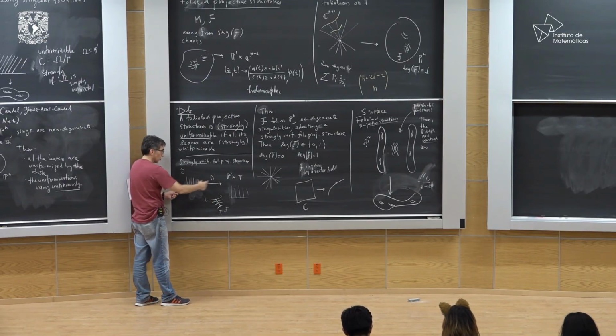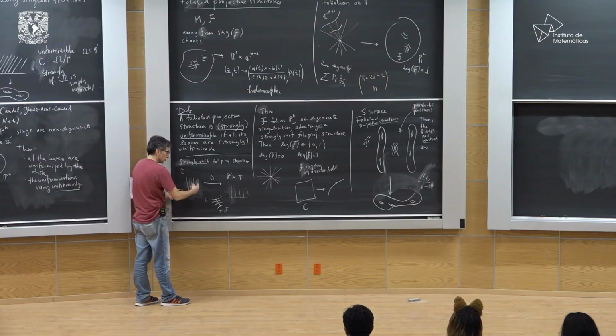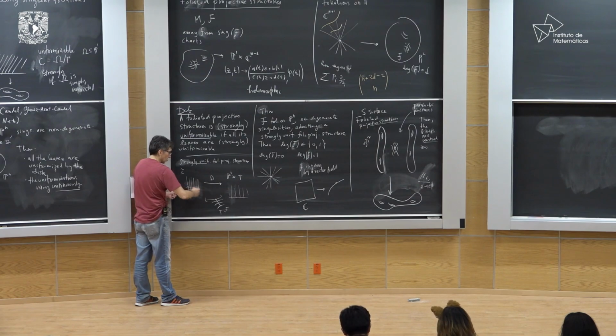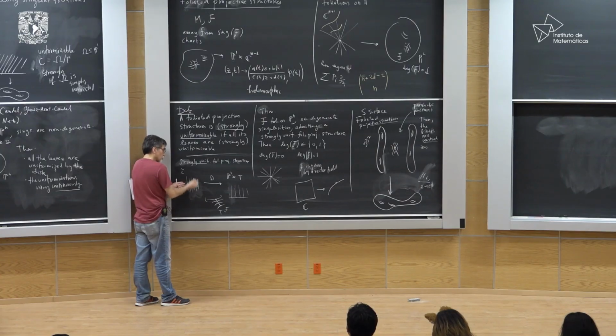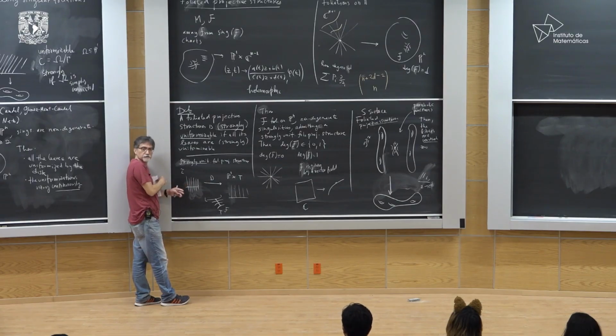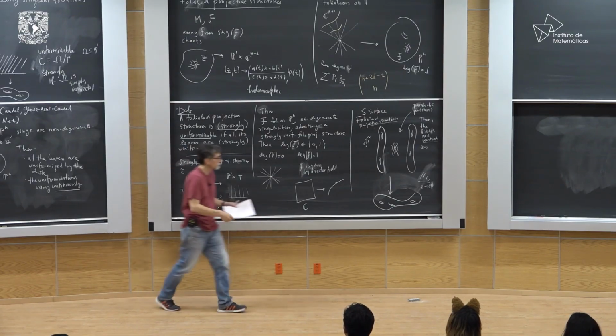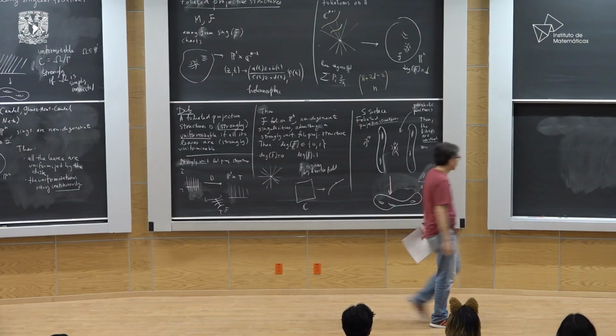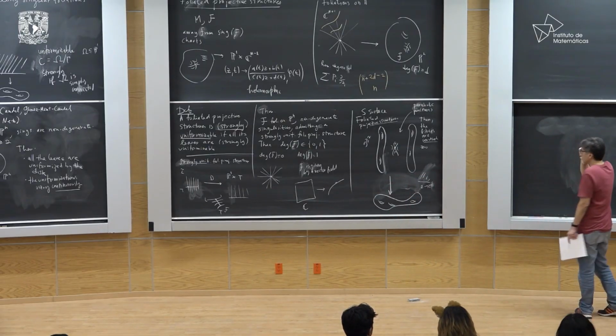And then this developing map, if you fix some data, will give a holomorphic map into P1 cross T. So this covering tube will embed into P1 cross T, and so it will be simultaneously uniformizable in the sense of Ilyashenko.